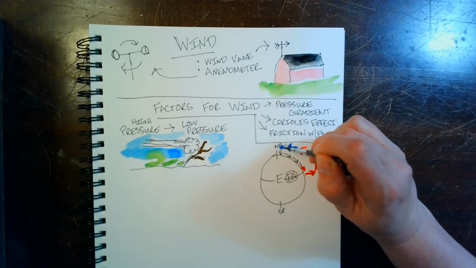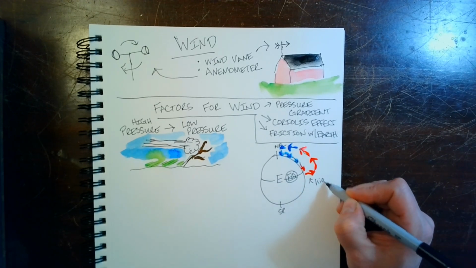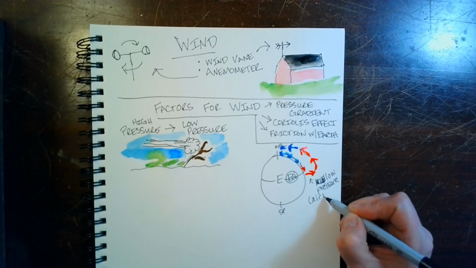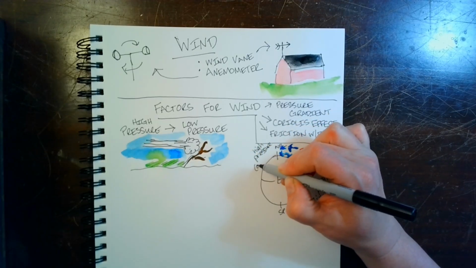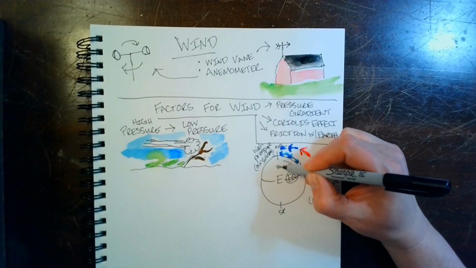If Earth didn't spin, the air would simply move up from the equator. We'd have a band of low pressure systems at the equator. It would travel up to the poles where it would cool and then sink back down, and we'd have a high pressure system at the pole. But the Earth does spin, and that is what changes our weather and our wind patterns.